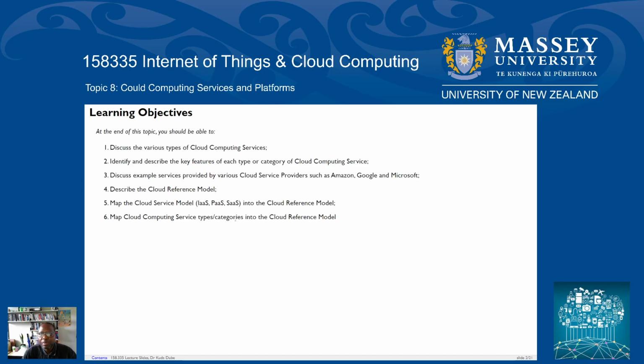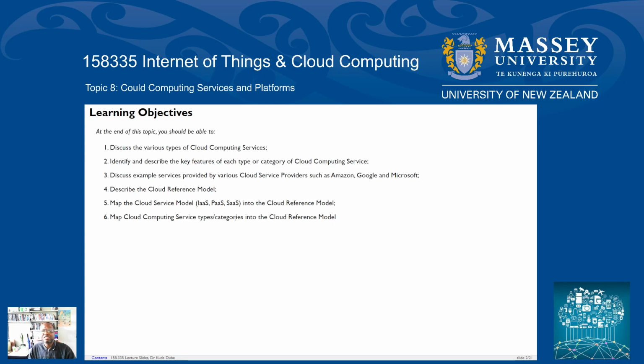Then next, we will be interested in looking at the cloud reference model. Of course, objectives 4, 5, and 6 are things that we will cover probably at the beginning of this video. And then we look at the mapping between the cloud service model and cloud computing service types to the cloud reference model, because the cloud service model is in fact incorporated into the cloud reference model.